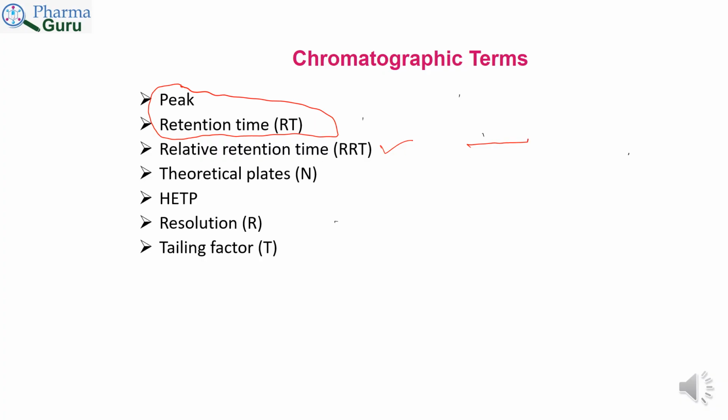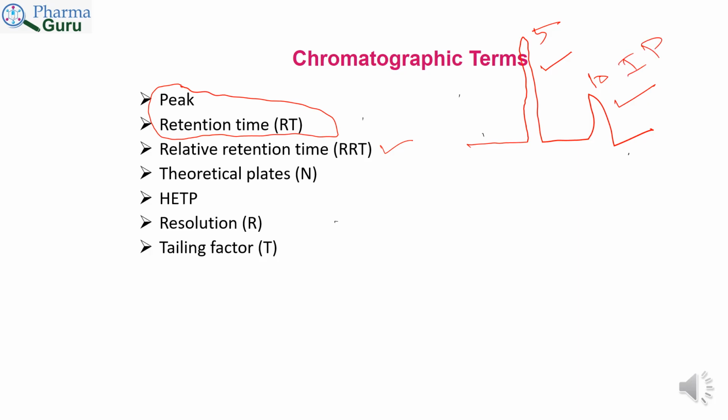Suppose chromatogram containing two peaks, one is eluting at 10 minutes and another peak is eluting at 5 minutes. The peak which is eluting at 5 minutes is the main peak, and the peak which is eluting at 10 minutes is the impurity peak.